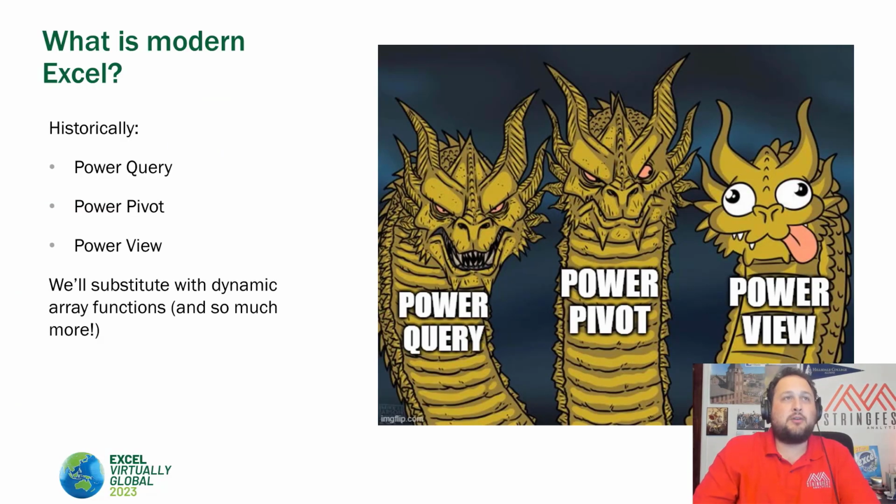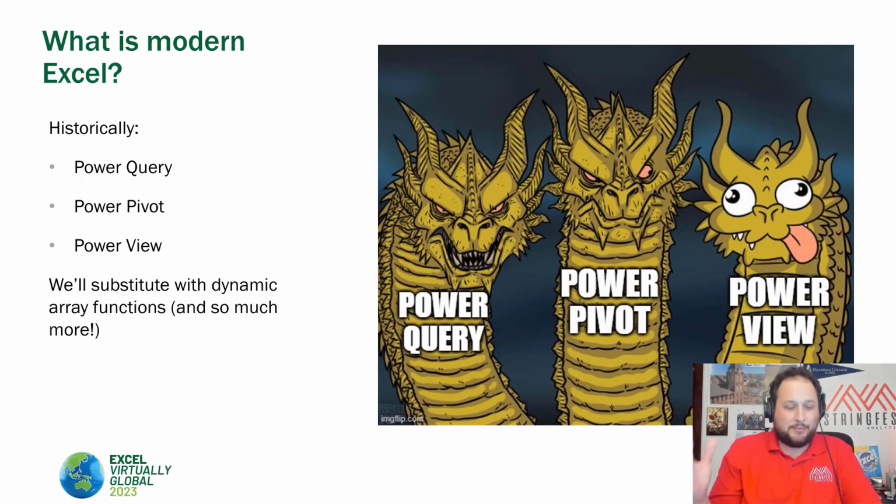Okay, so what is modern Excel? You ask different people, you're going to get different answers, but the general definition is the set of tools introduced around 2010 or 2013, things like Power Query, Power Pivot, and Power View, which unfortunately went a little bit the way of the dodo.